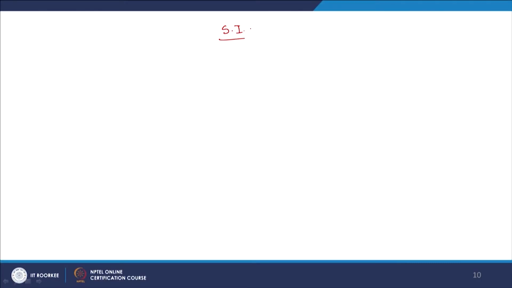So, we have a Langmuir saturation index, and this is going to be equal to pH minus pHs, right, and that pHs is that particular pH which would be in equilibrium with Ca2+ for a given alkalinity, for CaCO3, when equilibrium is reached between CaCO3 and Ca2+.